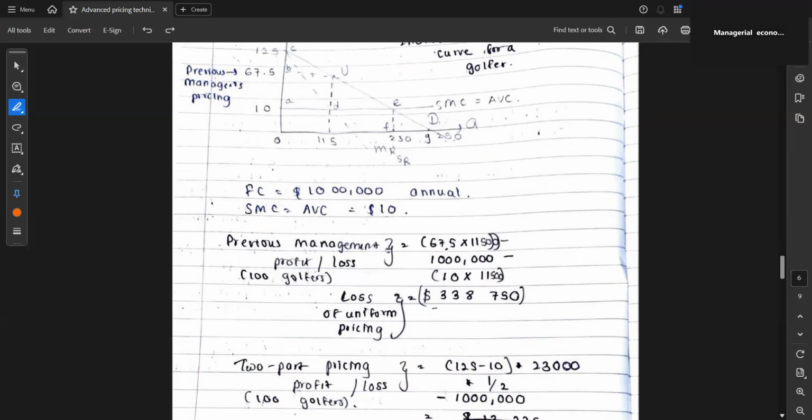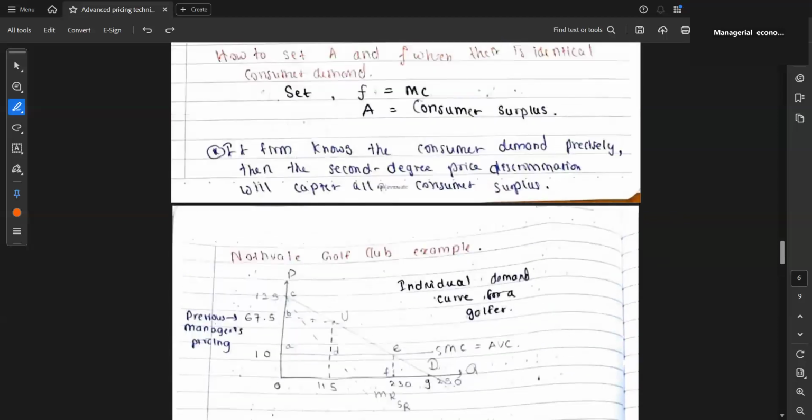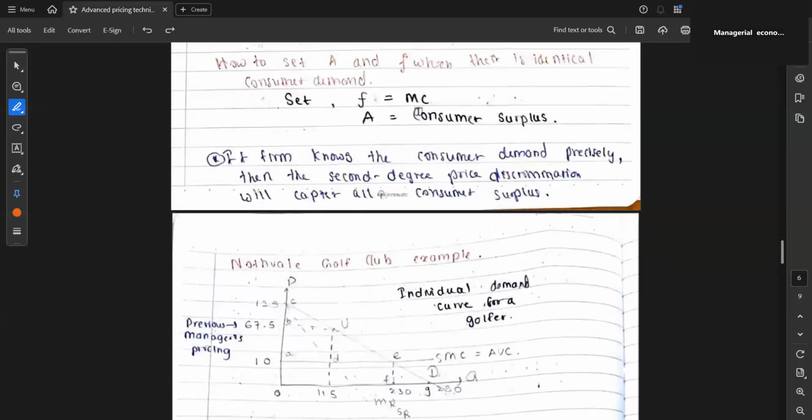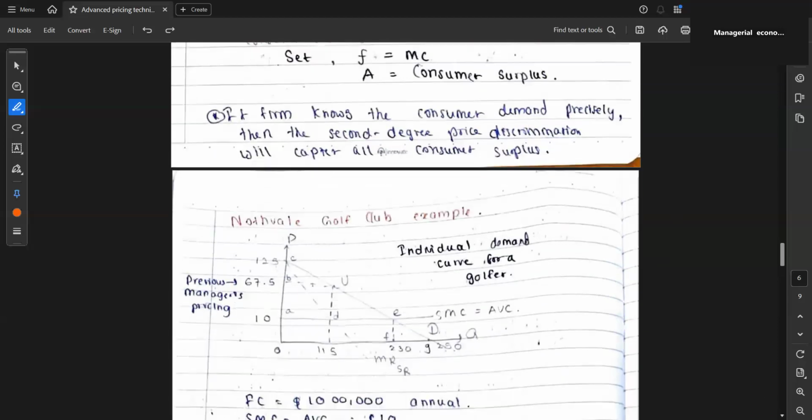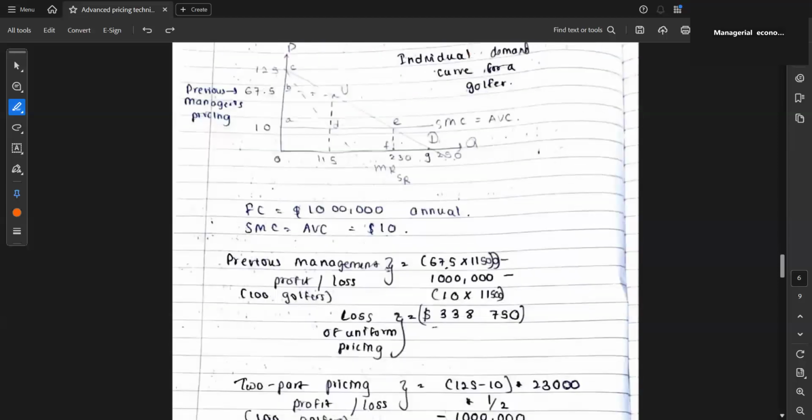So in a two-part pricing strategy, when the consumers have identical demand, the access fee will be equal to the consumer surplus, and the constant usage fee is equal to the marginal cost. That's how we are going to price here. F equals marginal cost and A equals consumer surplus in such situations where there's identical consumer demand.